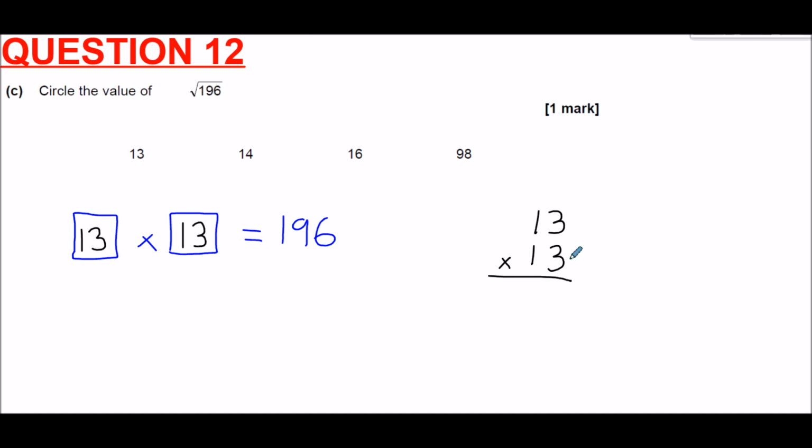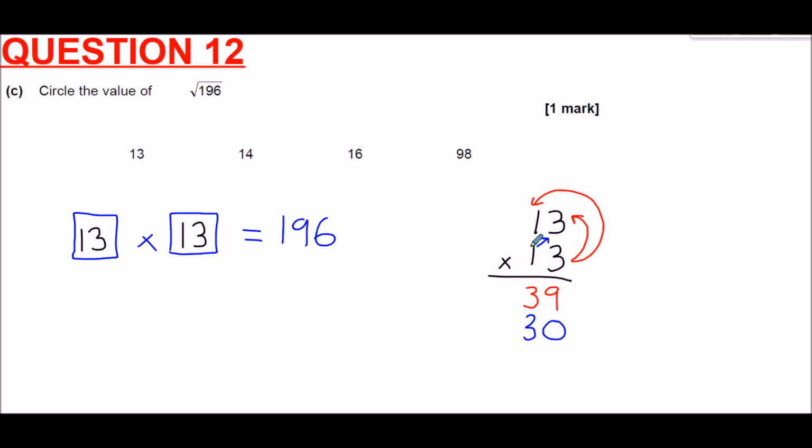So first of all, 3 times 3 is 9. And then 3 times 1 is just 3. Now move on to the next digit. That 1 now means a 10. So because it means a 10, we put down a 0 when we move on to the next line. Now first of all, we do 1 times 3, which is 3.